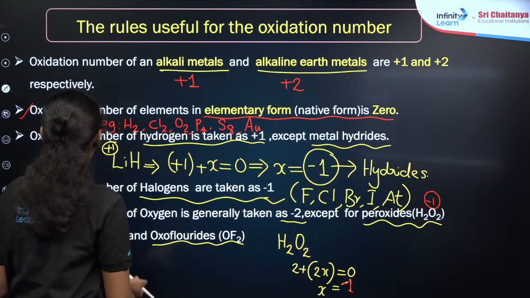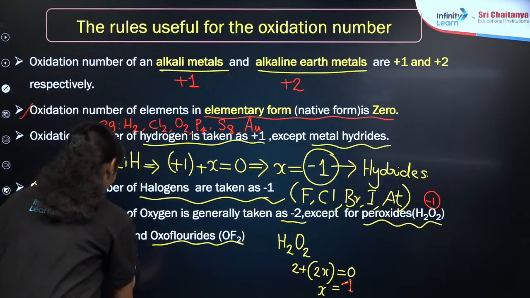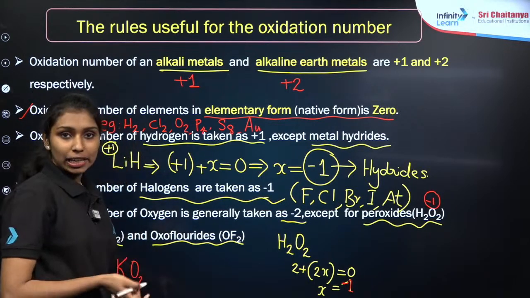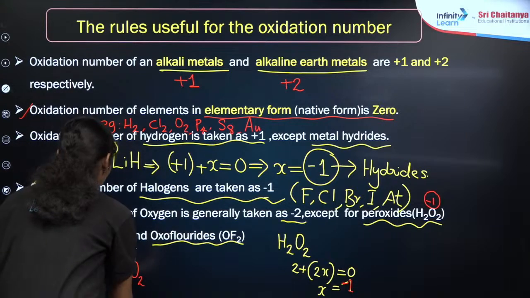Yes. Now, if we are considering the superoxides, that is KO2, potassium is an alkali metal, right? So it has the oxidation number of plus 1.